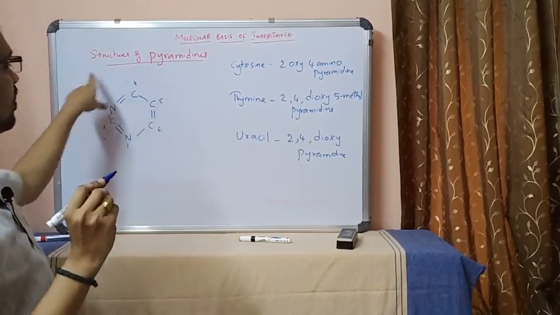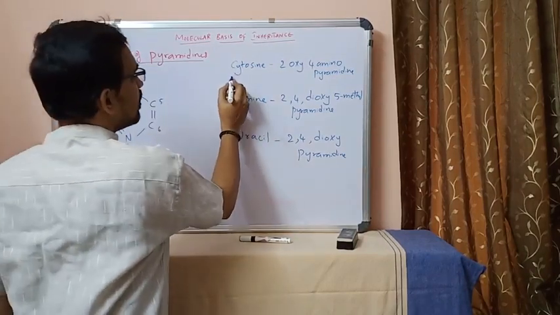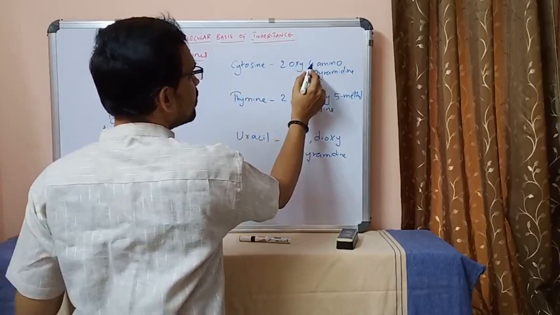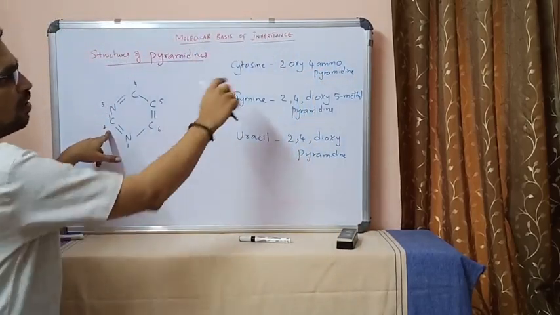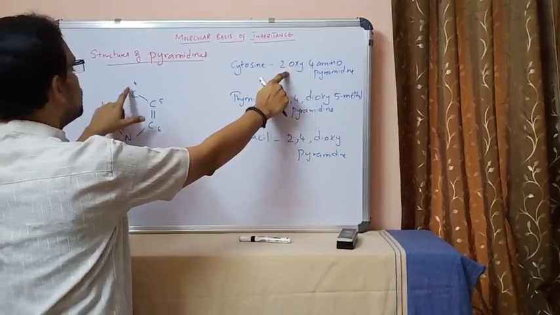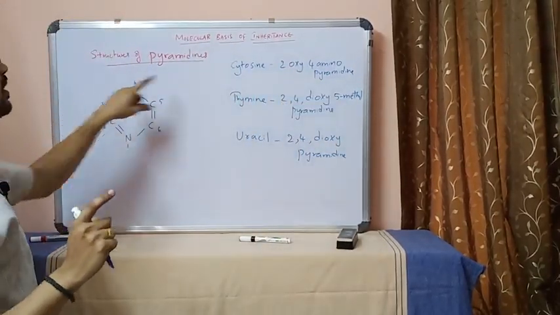So this is the structure of pyrimidine. Now, what is the chemical name of cytosine? 2-oxy-4-amino-pyrimidine. So at the second position, oxygen should be there. At the fourth position, an amino group should be there. Then the structure will be cytosine.